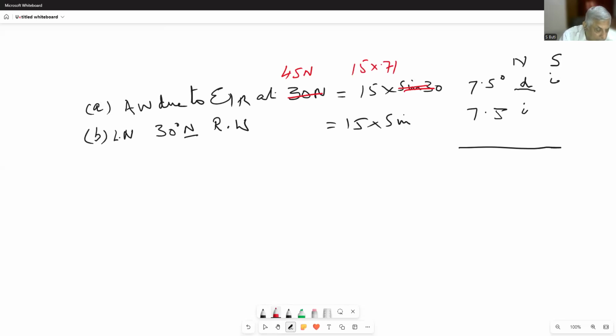And my wander will be now 10.65 degrees, 15 into 0.71, is equal to 10.65 degrees. So now what will happen?